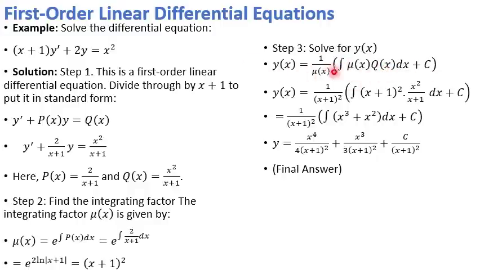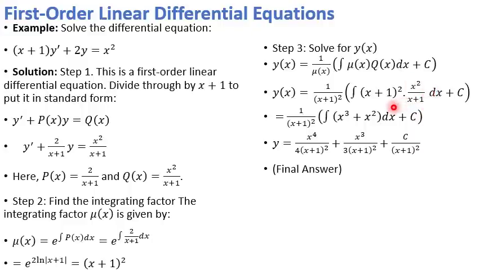So what we just do is to plug in the various values for the integrating factor mu of x and q of x. Now the integrating factor mu of x is x plus 1 raised to power 2. So we're substituting that here, gives us this. Now x plus 1 raised to power 2 times q of x, which is x raised to power 2 all over x plus 1. So this we've also written down here.